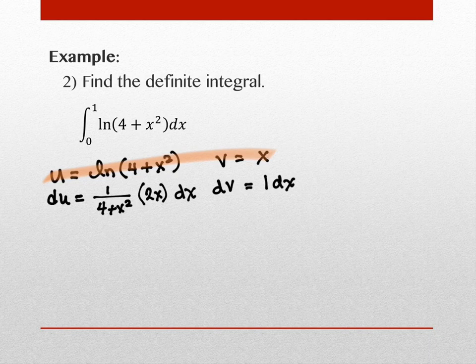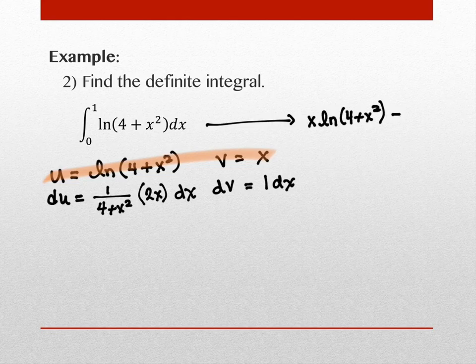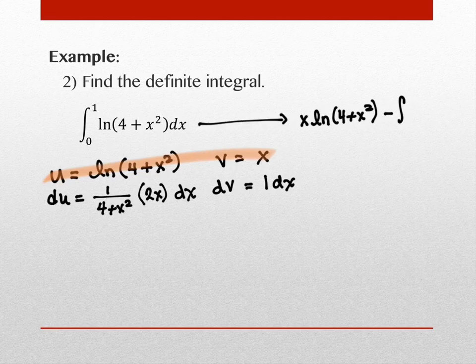Multiply across the top. Okay. You can leave the limits of integration, 1 and 0, on if you want. I'm just going to leave them off for now as I work my way through because they're going to look a little bit funny as I go. So I've got x natural log of 4 plus x squared minus the integral, and I need the other diagonal.